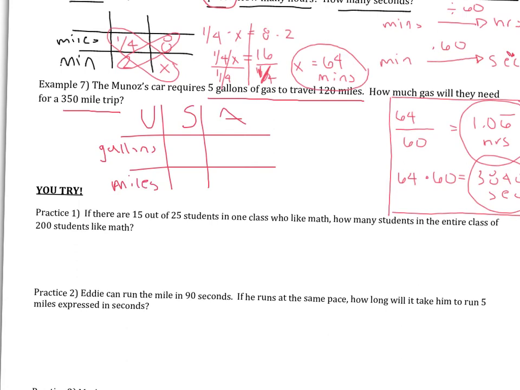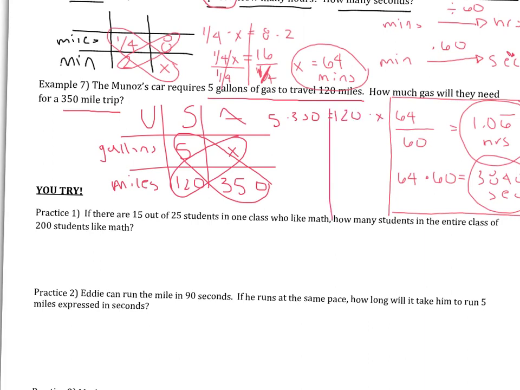All right, I know it's going to take me 5 gallons of gas to go 120 miles. It's telling me we're going to go on a 350-mile trip. That's miles, and I'm going to solve for gallons. So now I'm going to cross multiply. We're going to do 5 times 350, 120 times x. 5 times 350 gives me 1,750.